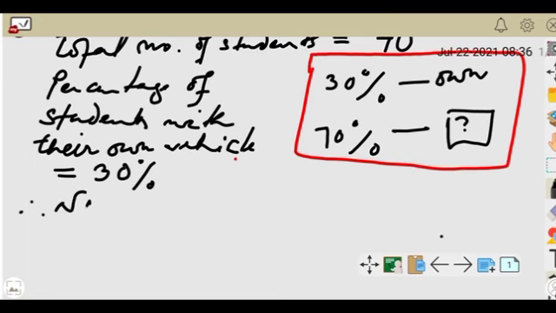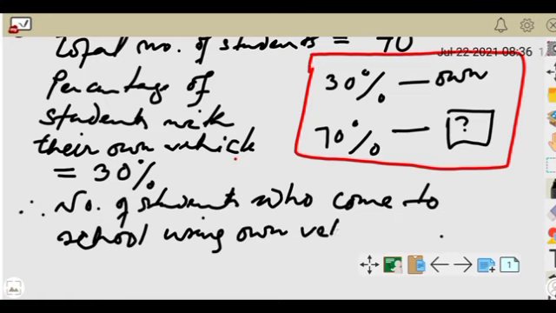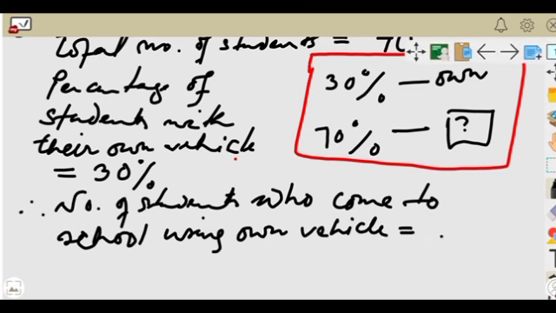Therefore, number of students who come to school using own vehicle equal to 30%. So 30 by 100 into the total number of students in the class. That is 40. So I'll write here 40.